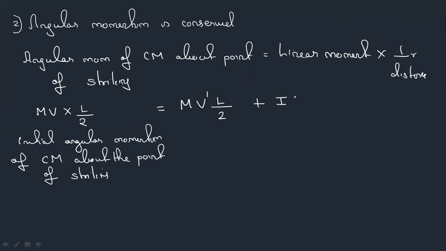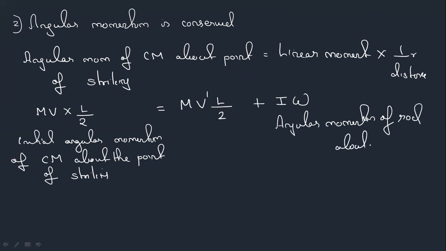Then I omega is the angular momentum of the rod about the center of mass.